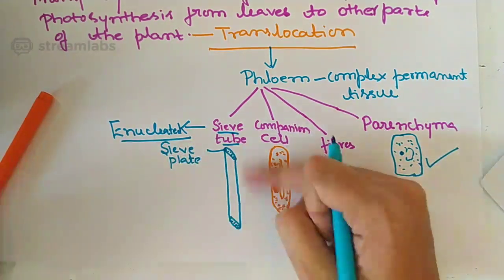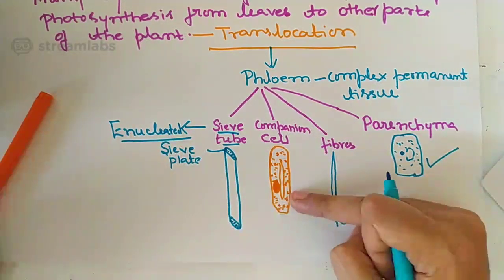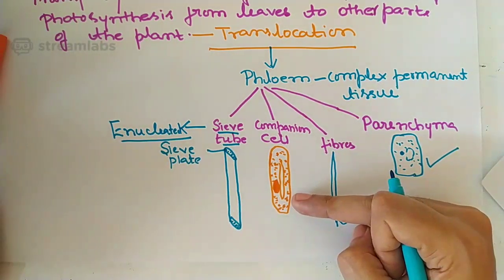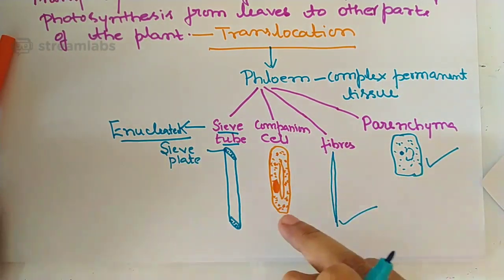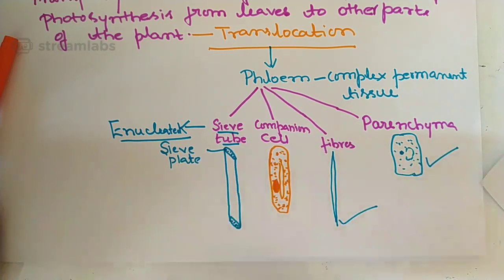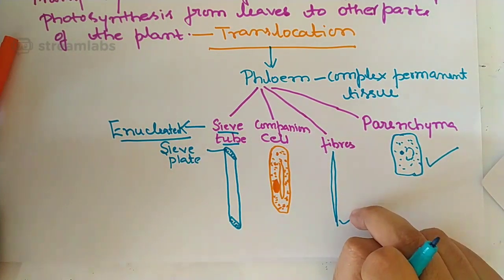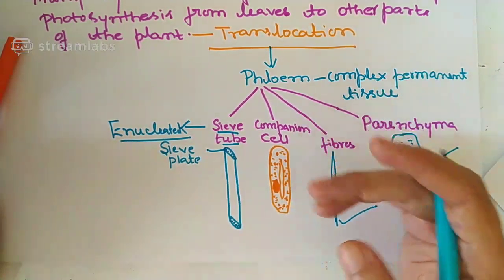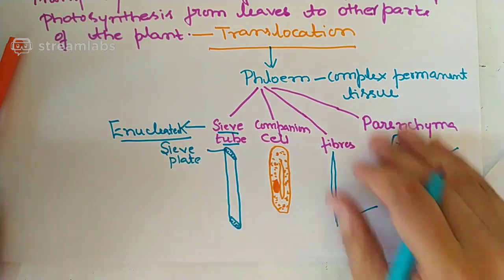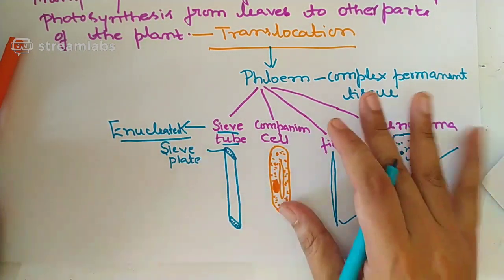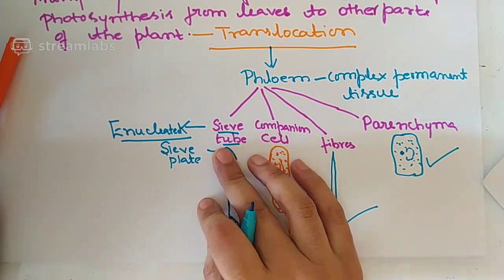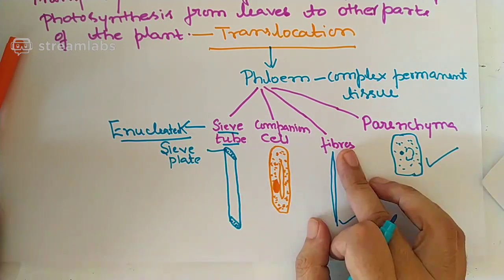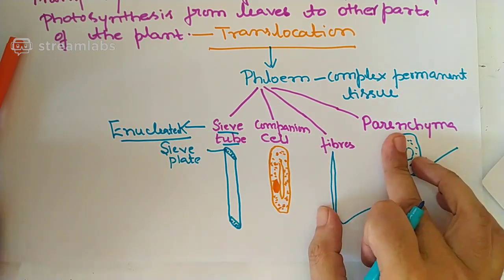So the activities are controlled by this cell, which is called a companion cell. This cell is a companion of the sieve tube, that is why it is called a companion cell. Before studying how transport takes place through the phloem, you must know the different components of the phloem: sieve tube, companion cell, phloem fibers and phloem parenchyma.